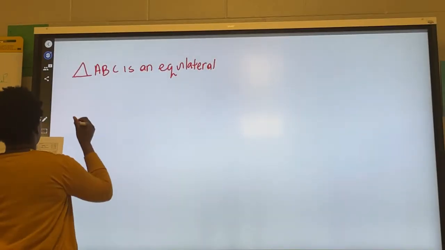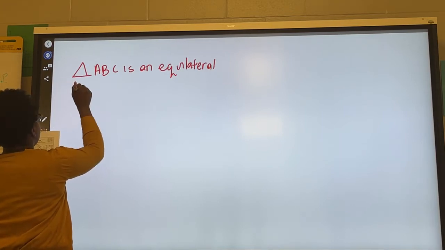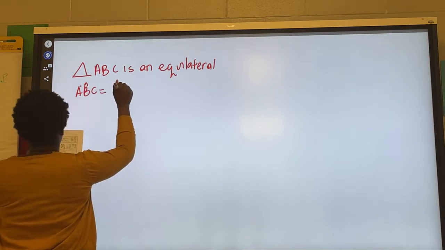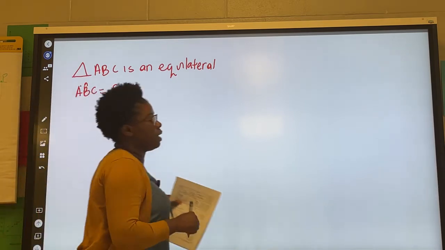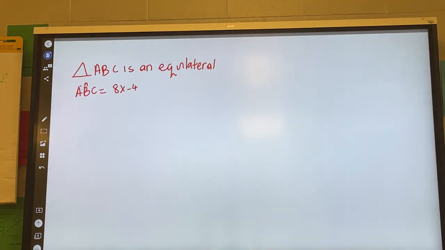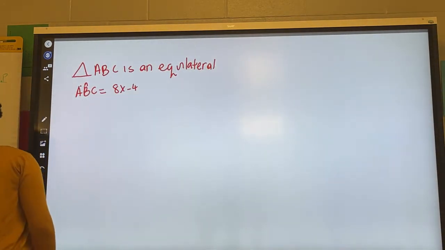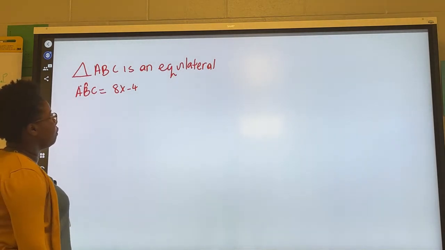And they're saying that the angle ABC is equal to 8x minus 4. Let's see if I have it correctly. 8x minus 4. Yeah. So angle ABC is equal to 8x minus 4. So we know a few things about this guy.